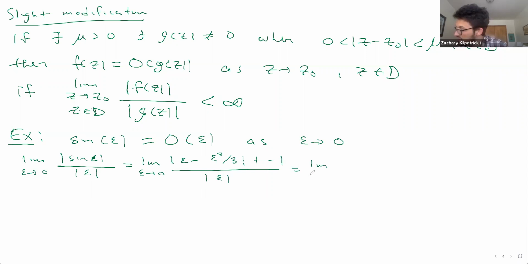And this is equal to the limit as epsilon goes to 0 of 1 minus epsilon squared over 3 factorial, and so on. This is equal to 1, which is bounded from above by infinity.